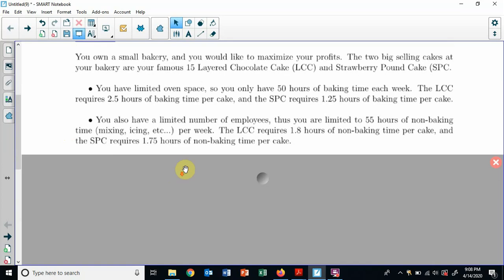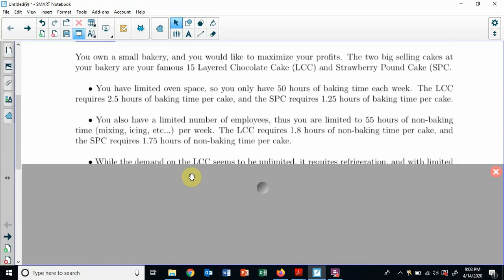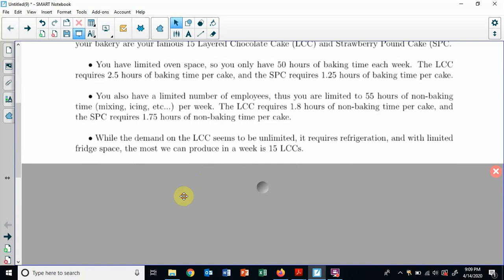Now you have a limit of 15 of those cakes. So the most we can make in a week is 15 cakes.